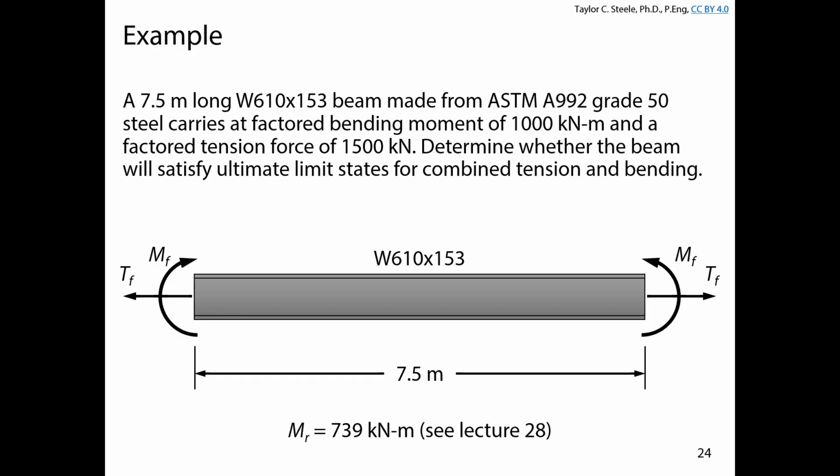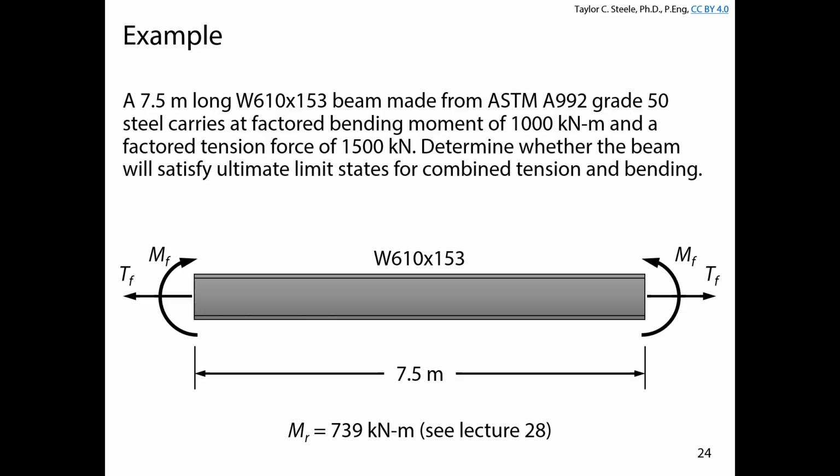We need to check stability, which in our case is going to be clause 13.9.3, which tells us that MFX over MRX plus MFY over MRY plus TF Zx over MRX A, minus TF Xz over MRX A has to be less than or equal to 1.0.